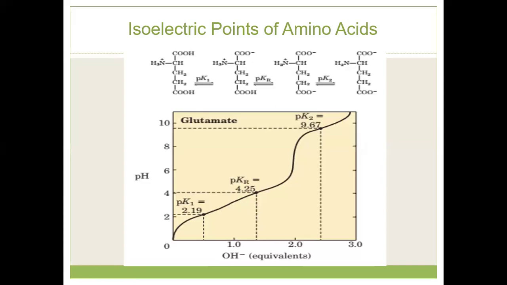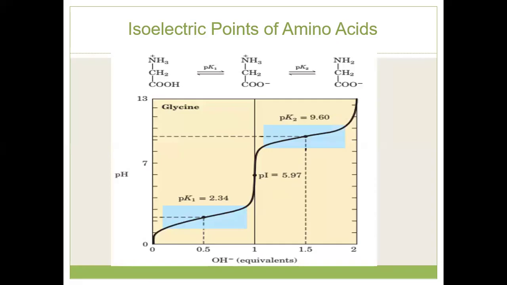So that pH determines the pH at which the effect of the two can cancel each other. So you can see in the case of glycine, you have something in between the two because we have only two ionized groups.